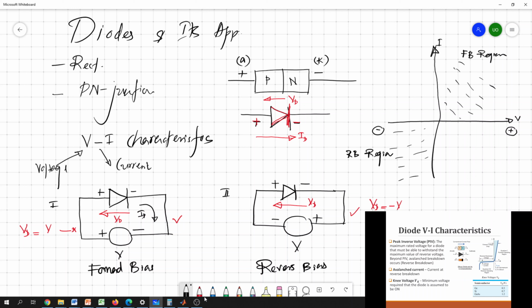When the current and voltage are positive, you can simply identify this first quadrant as the forward bias region, and when the voltage and current are in the negative direction, you can identify this third quadrant as the reverse bias region. So once it comes to the characteristic curve, it's something like that.